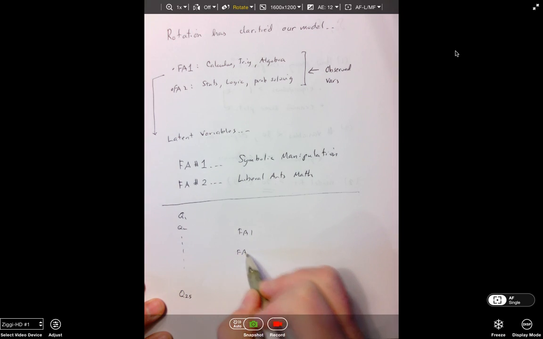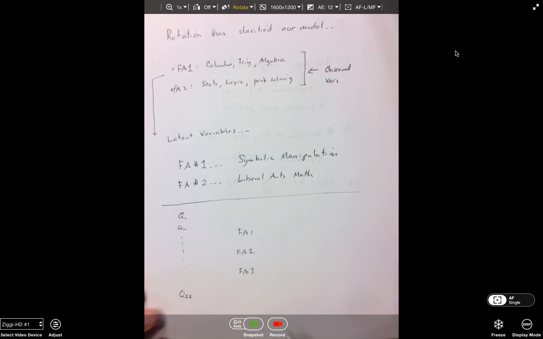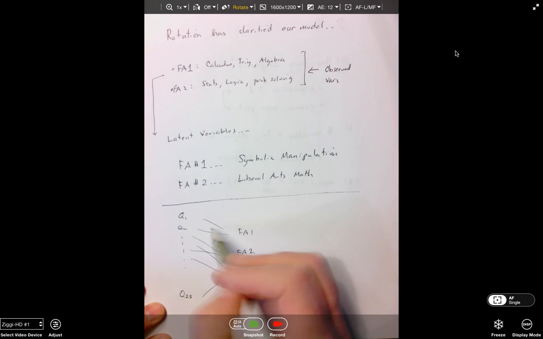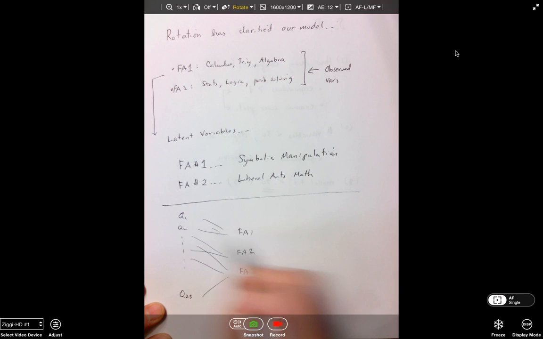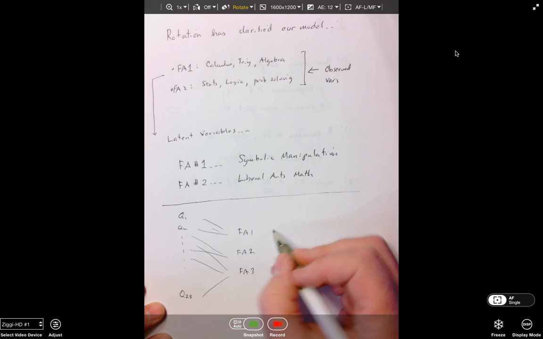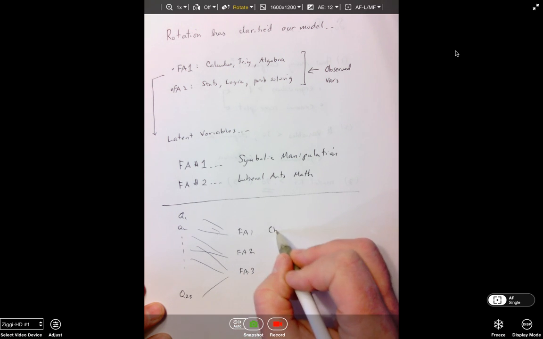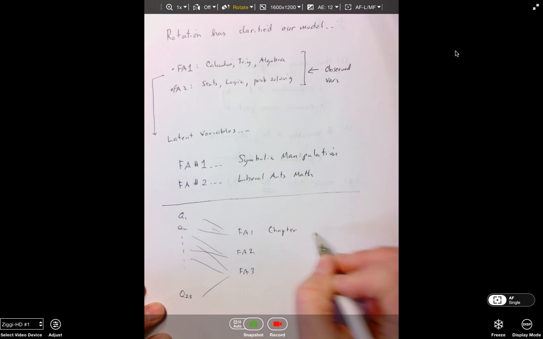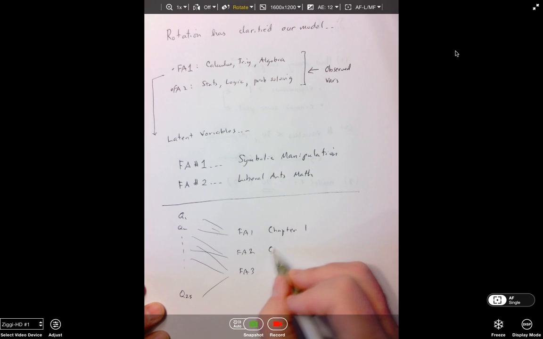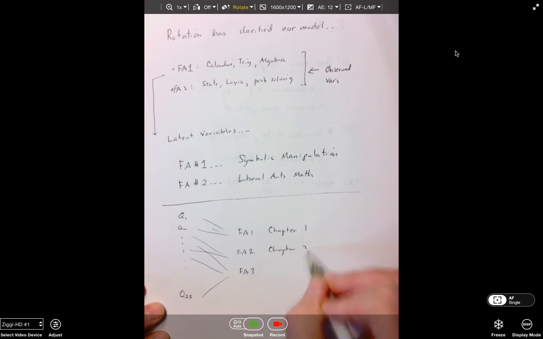I remember there were three factors that emerged, and these went different ways, right? Well, all the questions that emerged on factor 1 were out of chapter 1, all of these were out of chapter 2, and all of these were out of chapter 3.